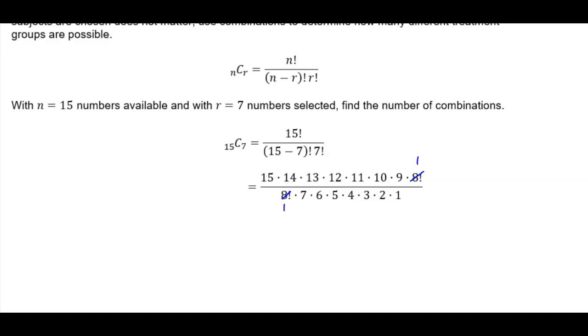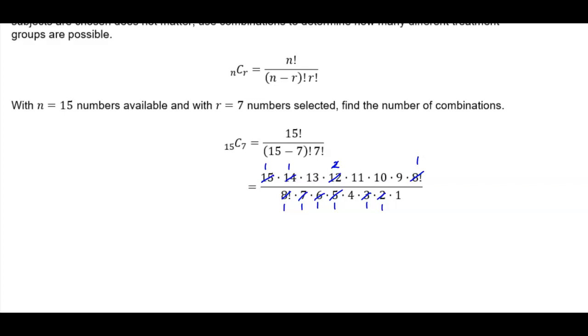Okay, we know that 7 times 2 gives us 14. We also know that 5 times 3 is going to give us 15. We know that 6 goes into 12 2 times.